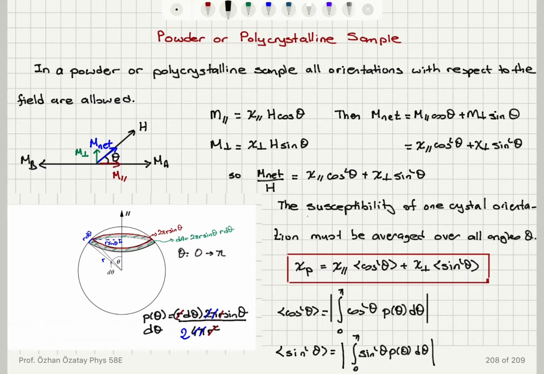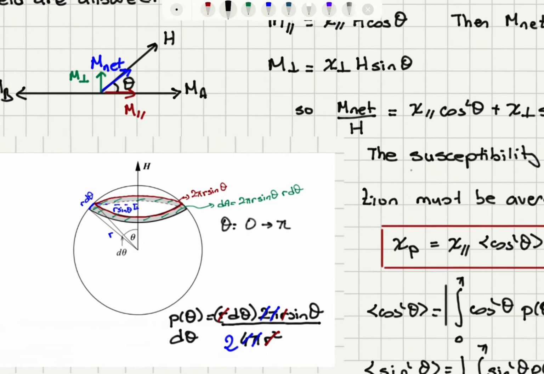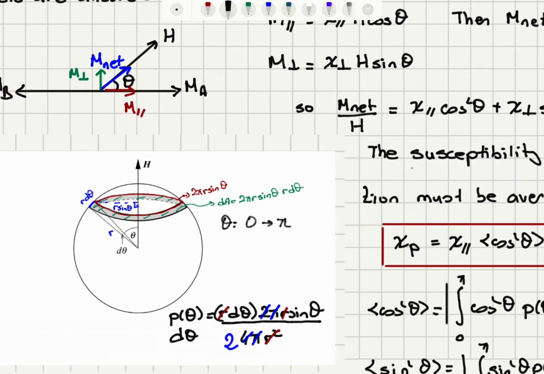And the way we have calculated this probability density, or probability of theta, d theta, was considering the spherical surface, and the area that is swept by this ring is basically 2 pi r sine theta. So remember, this is our r sine theta here, and 2 pi r sine theta is the circumference.